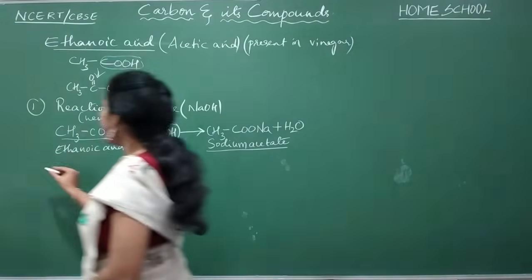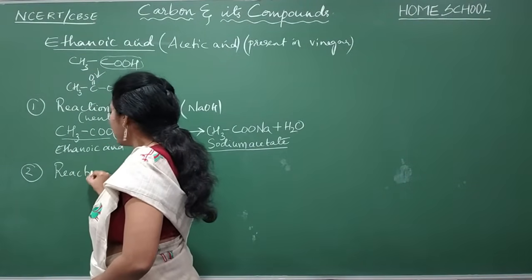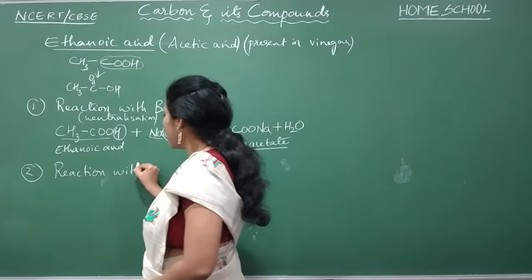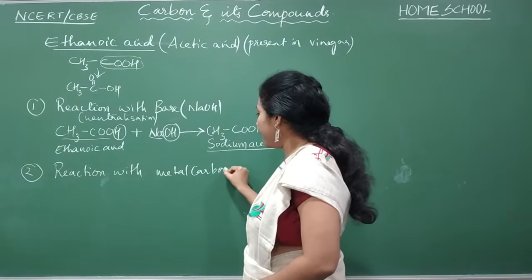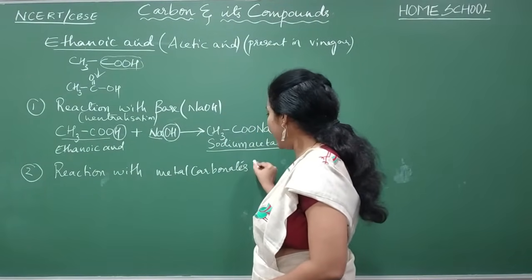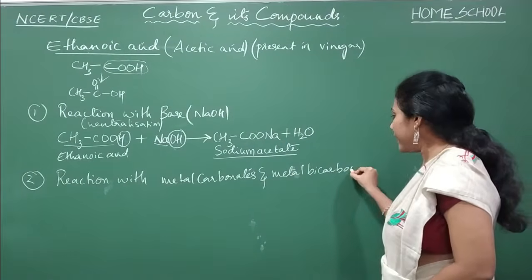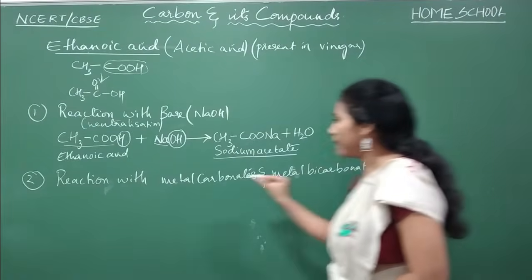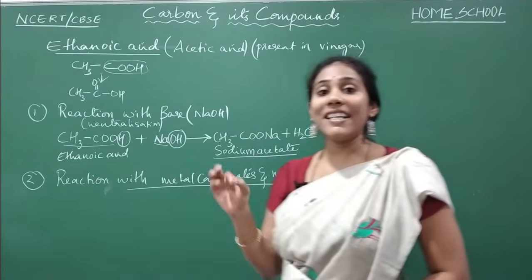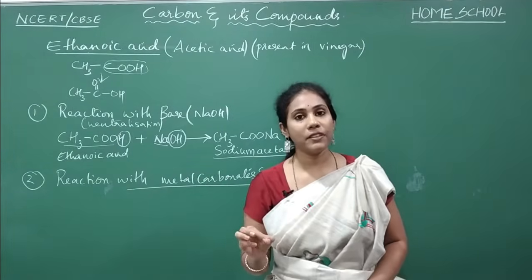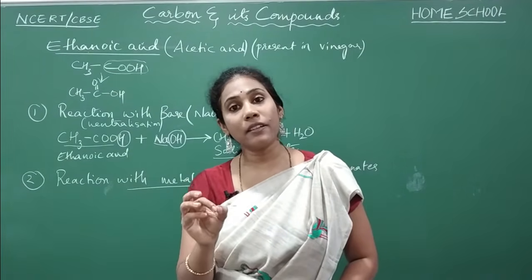Next, second type of reaction. Reaction with metal carbonates and metal bicarbonates. Okay, here you must try to recall the concepts of the acids, bases and salts chapter. So any acid when it reacts with a metal carbonate, what do you get, guys?